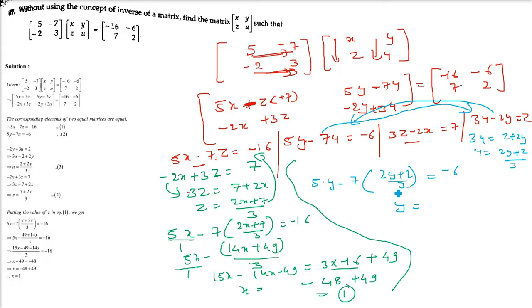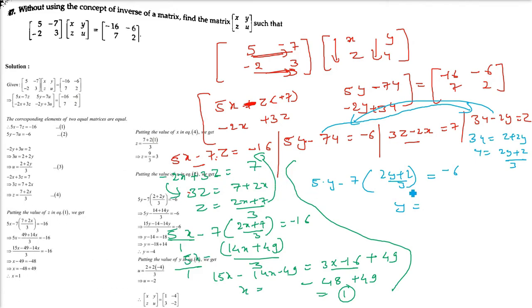Now let us solve it. I'm directly writing the value of y here. So as I said, z was 3, x was 1, y is equal to minus 4. So x is 1, as I said, 5 into 1 minus 7z equals minus 16, and z equals 3 was there. So here also y equals minus 4. Now put it in this equation or this equation.